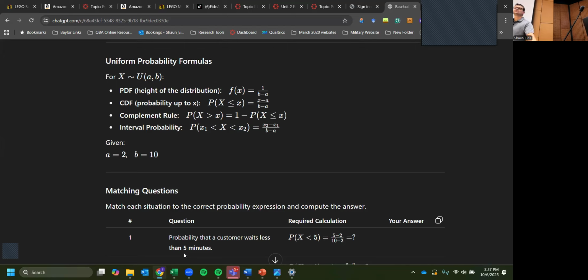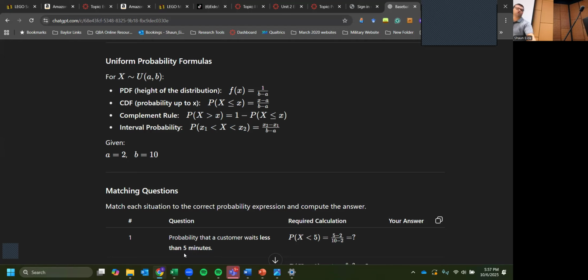Okay, so what's the range? What is it? 8 minutes? Yeah, range is 8 minutes. Okay, so what's the probability of any one given outcome? If the total range is 8 minutes, what's the probability of any one given outcome? 12.5% or 1/8, right?